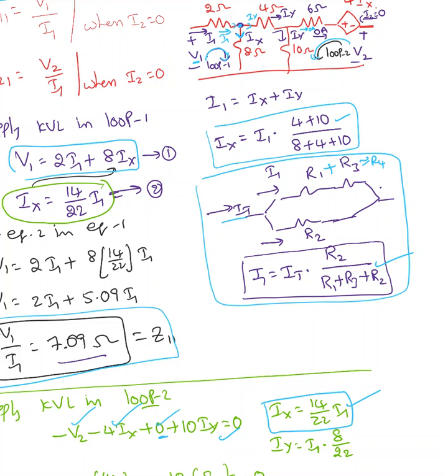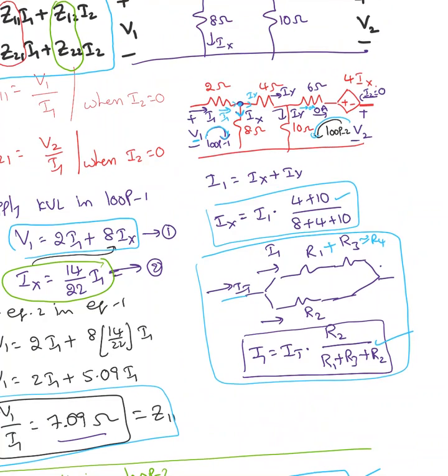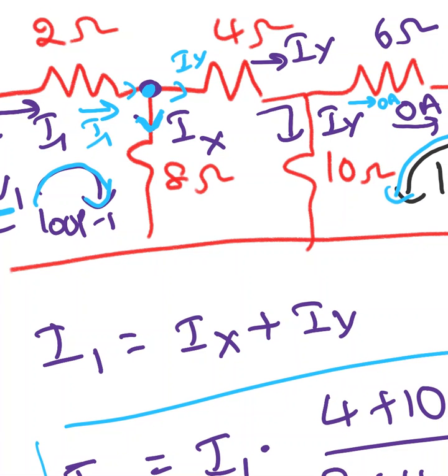For Iy, the current passing through this, according to the current division rule, Iy equal to total current I1 times opposite resistance, which is 8 ohm, divided by 8 plus these two in series, which is 14 ohm.